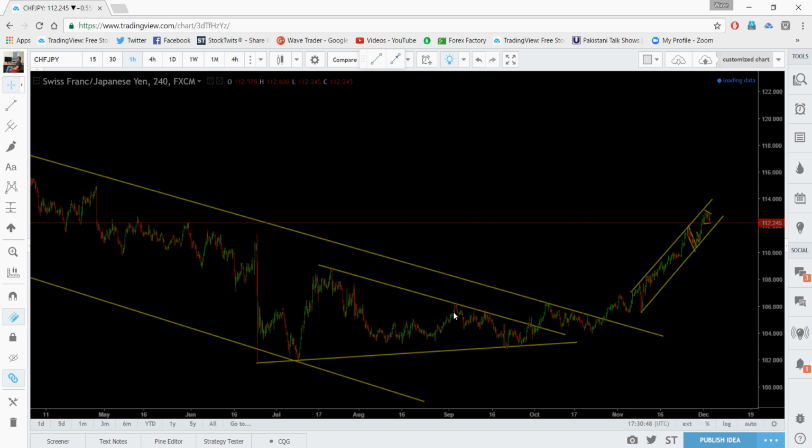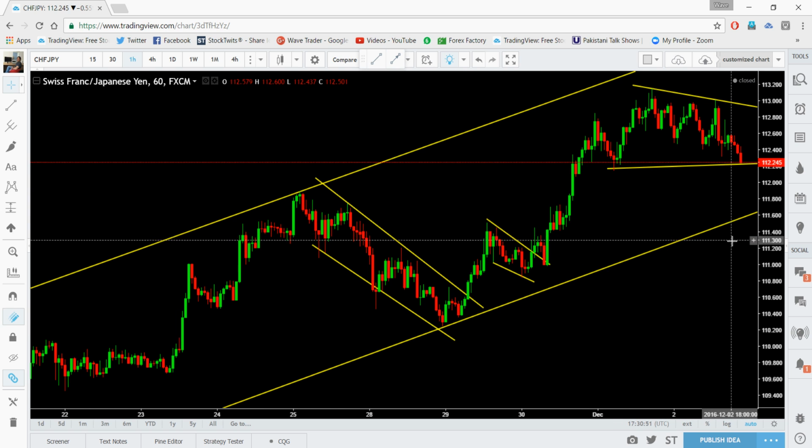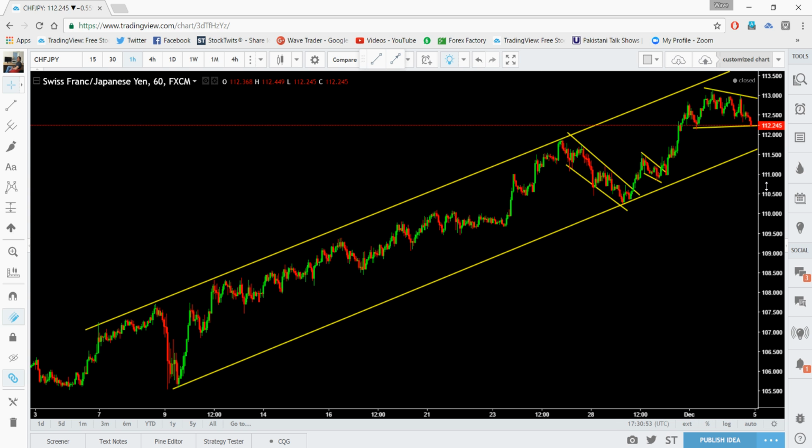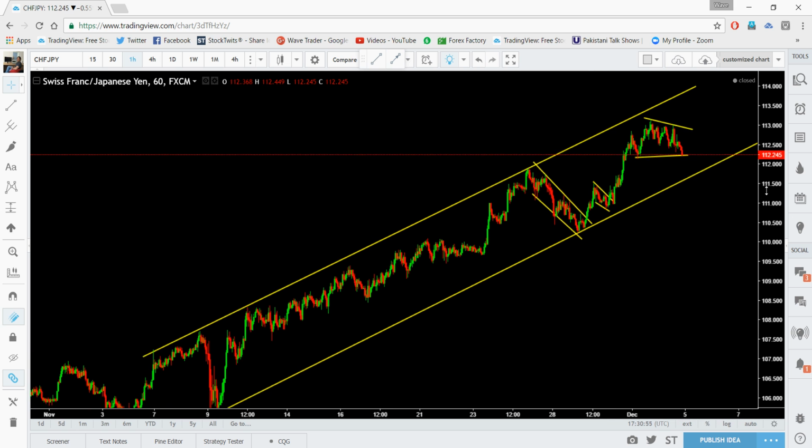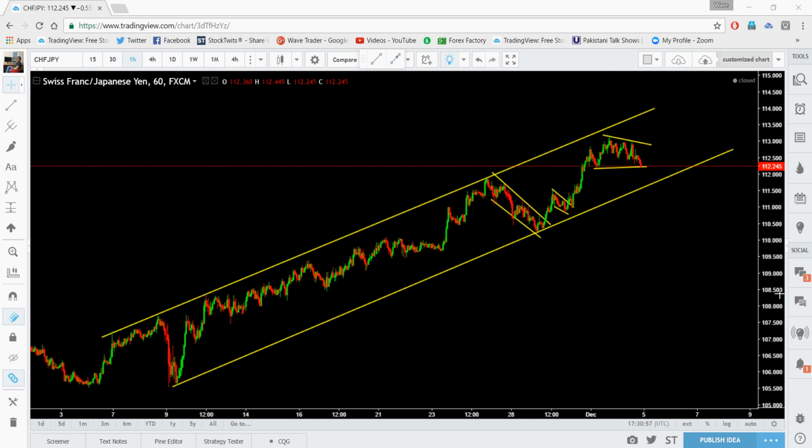Whenever price comes close to the trend line, we're going to look for buy, sell, buy, sell. We're going to repeat this practice until we see a breakdown. Same here at this place. If we see a clear, strong breakdown, we're going to join that breakdown. If you miss that breakdown, then look for a continuation pattern to the downside.